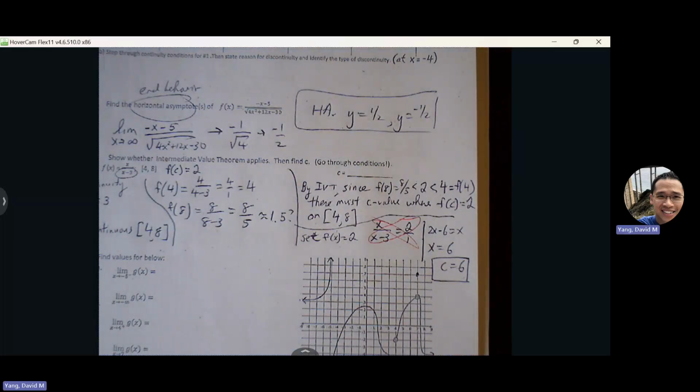All right, take a look at number 4. Now this is like a quiz-like problem where you're just looking at a graph and identifying either limits or ordered pairs.